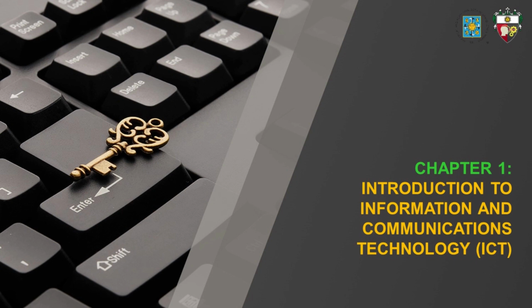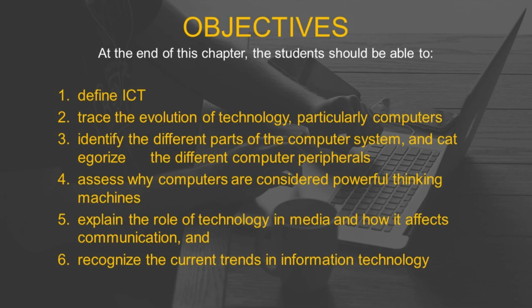Let me read you the objectives. At the end of this chapter, not only for this session, but the whole chapter 1, the students should be able to define ICT, trace the evolution of technology, particularly computers, identify the different parts of the computer system, categorize the different computer peripherals, assess why computers are considered powerful thinking machines, explain the role of technology in media and how it affects communication, and recognize the current trends in information technology.